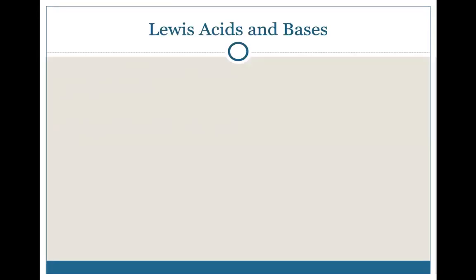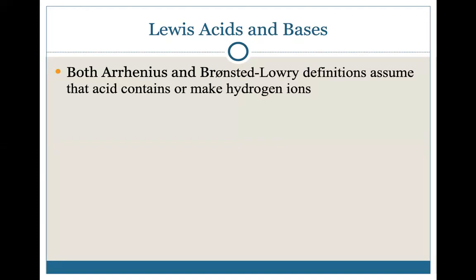All right. And then the last definition for an acid and base is from Lewis, the same Lewis where in grade 10 we were drawing Lewis structures. Both the Arrhenius and Bronsted-Lowry definition assume that acids contain or make hydrogen ions.